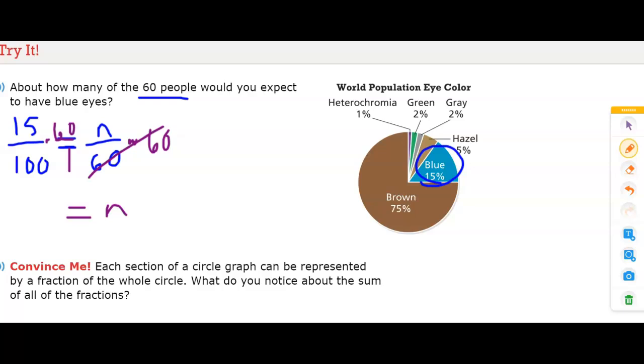And so you have 15 times 60, which would give us, let me double check my math, 900. And then over 100, and then you divide that. And that will give you 9. So there are 9 total people with blue eyes.